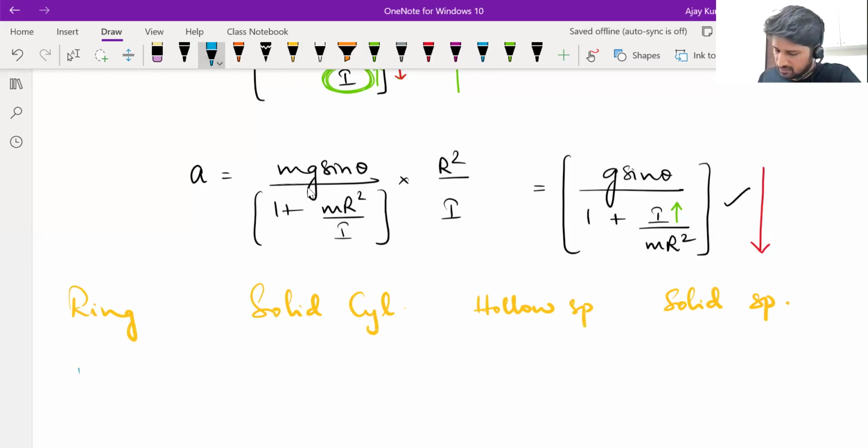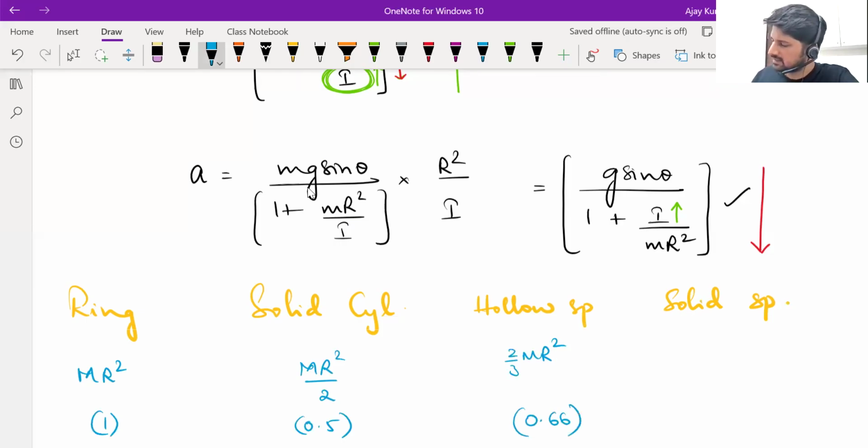Then ring moment of inertia, you know, is mr square. Solid cylinder is like a disk, mr square by 2, that is 0.5 mr square. First one is 1 mr square, next is 0.5. Hollow sphere moment of inertia is 2 by 3 mr square, 2 by 3 is 0.66. And solid sphere moment of inertia is 2 by 5 mr square, 0.4 mr square. So based on this, you can tell which will accelerate faster and all.